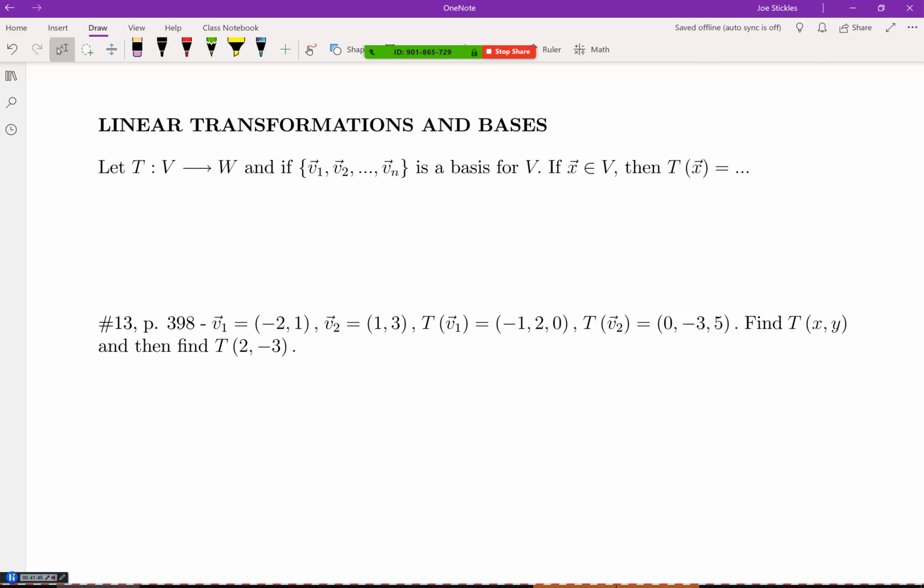That's the idea behind this one. Certainly if we have a basis, then we can write x as c1v1 plus c2v2 plus up to cnvn. That's the whole idea behind the basis, being able to write it as a linear combination of the basis vectors.